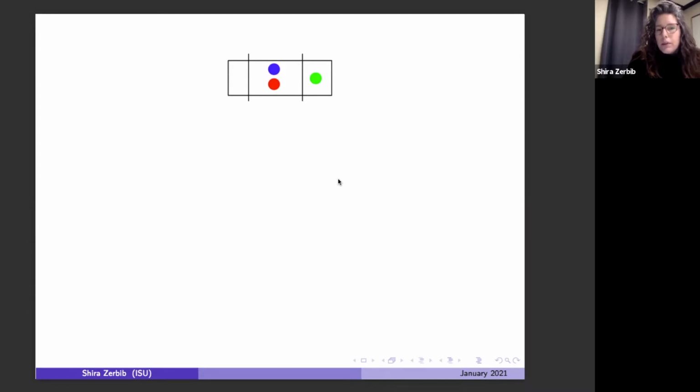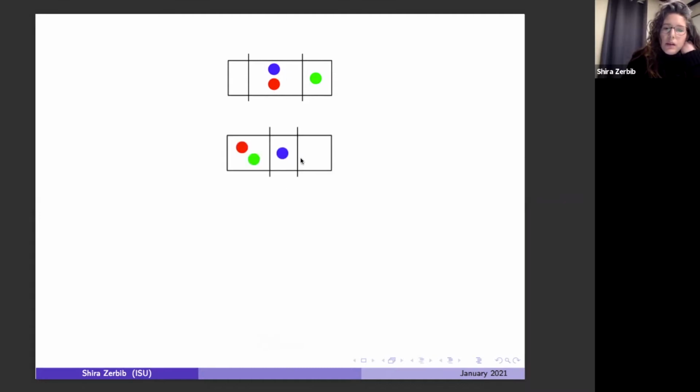So for example, if I partition the cake like that, then the green player wants the rightmost piece, and the red and blue players both want the middle piece. And if I partition the cake in a different way, then suddenly red and green want the leftmost piece and the blue player wants the middle piece.